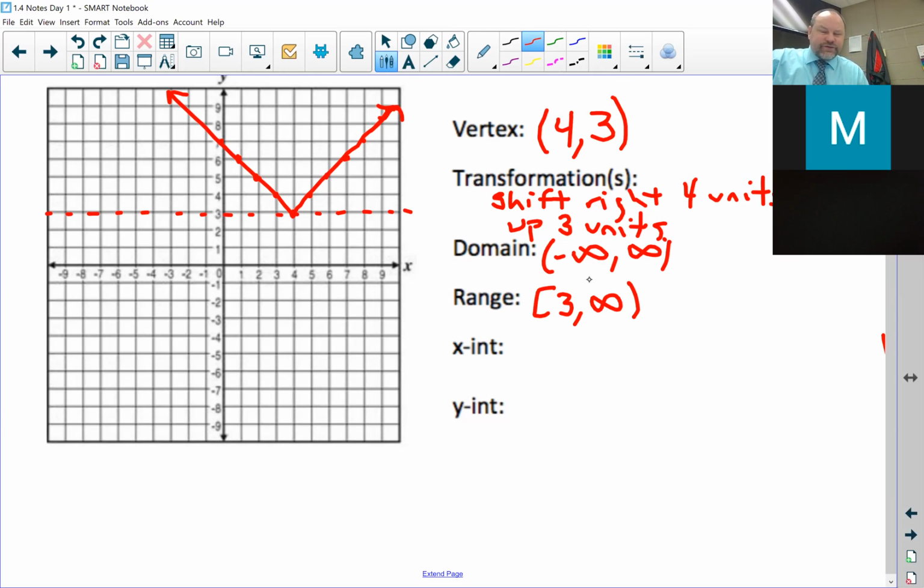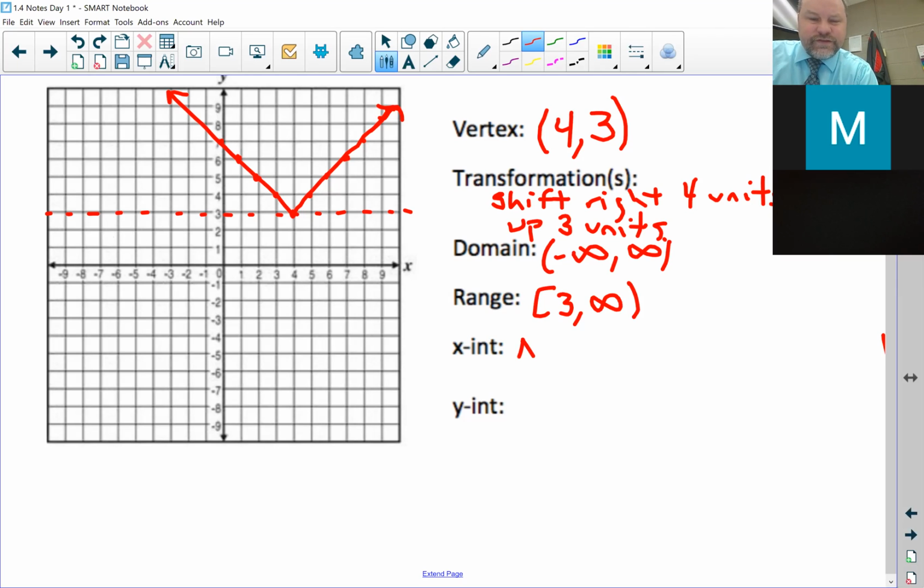What is the x-intercept? If I look down here, I don't see it cross the x-axis anywhere.